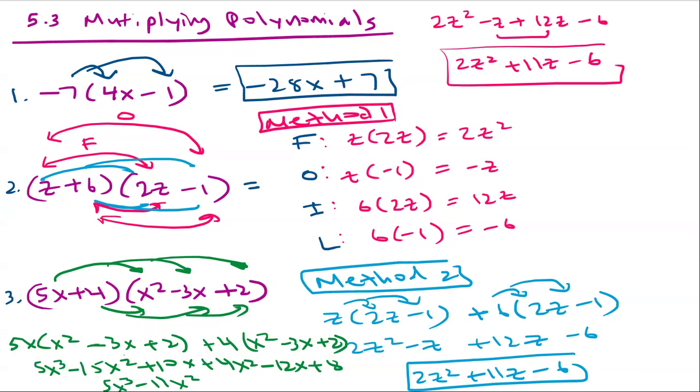And then we have the 10x and the minus 12x. So plus 10 minus 12 will give us minus 2x. And then we have a plus 8. And then there's our answer there.